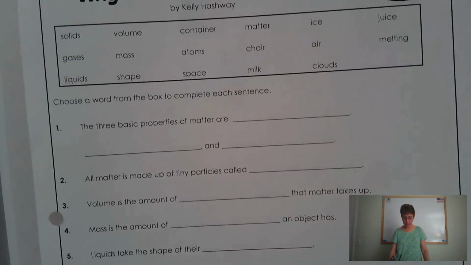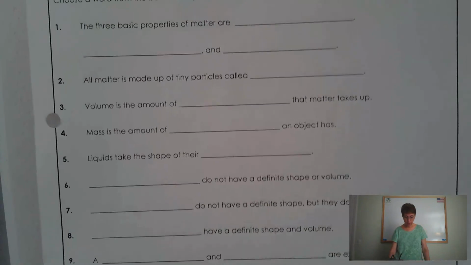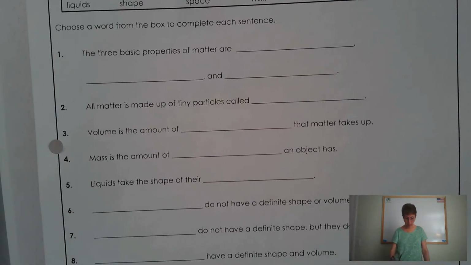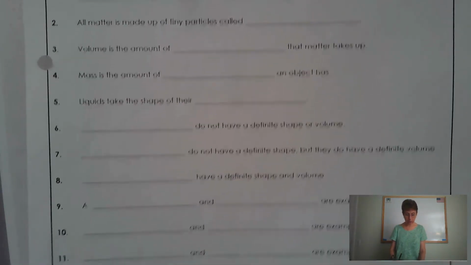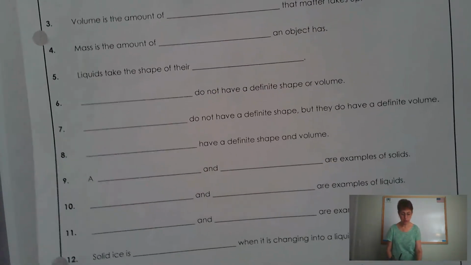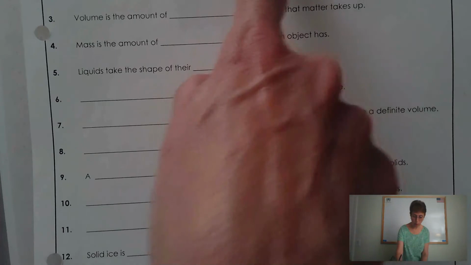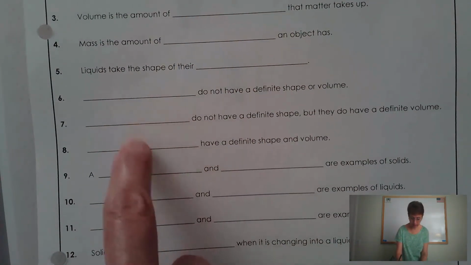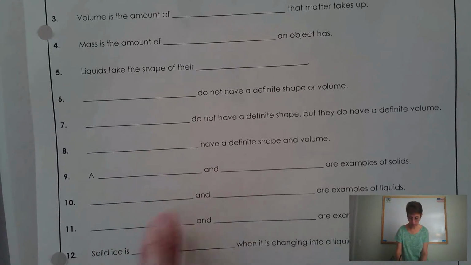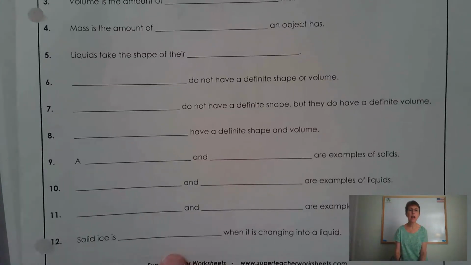You have 17 vocabulary words. Let's just take a quick look. You see that there are 12 sentences, but let's look at how many blanks you have. So you have 1, 2, 3, 4, 5, 6, 7, 8, 9, 10, 11, 12, 13, 14, 15, 16, and 17.